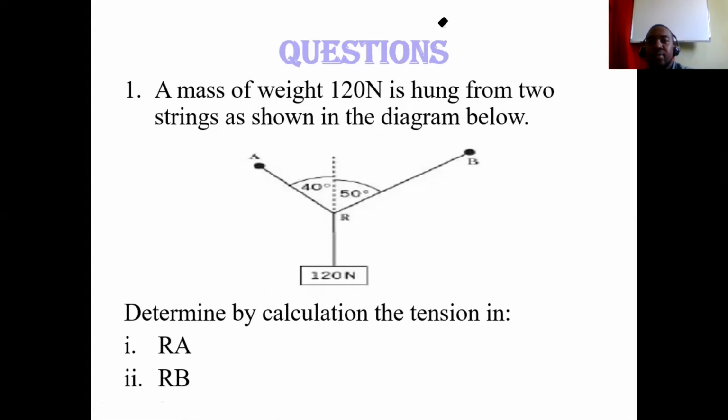So in this case, we have a mass of weight 120 newtons hung from two strings shown in the diagram below. Determine by calculating the tension in RA and the tension in RB.